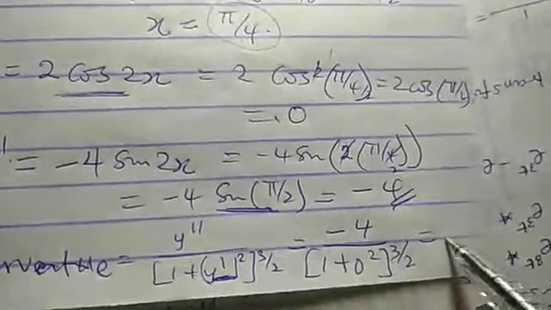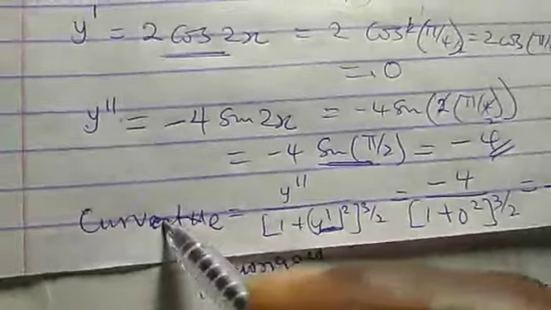Everything at the denominator is 1, so we have minus 4 left. In that case, the curvature is minus 4. But I'm looking for the radius of curvature. We know that the radius of curvature is 1 over curvature, that is 1 over minus 4, so minus 1 over 4. So minus 1/4 is the radius of curvature of this function.